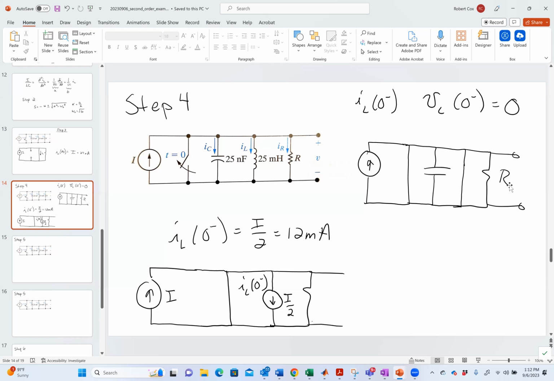Let's think of it this way. First, easy question should be how much current going through the resistor? 0. Why 0? I got a short parallel, right? So if I do a KVL around that loop, there's 0 volts across it, and there's 0 current through it. This guy must take the difference between that and that. So it's going to be I over 2. All right. We'll finish up with that example again on Friday.